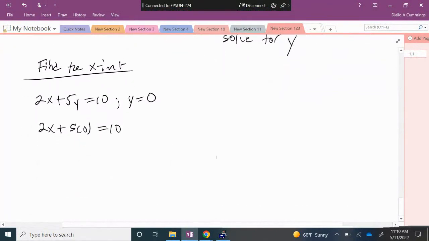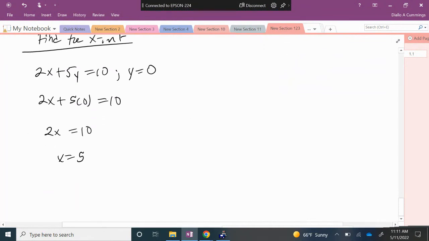Now if we simplify it, we have 2x, 5 times 0 is 0, so I have 2x is equal to 10. The opposite of multiplying x by 2 is divide by 2, so x is equal to 5. So the x-intercept is 5.